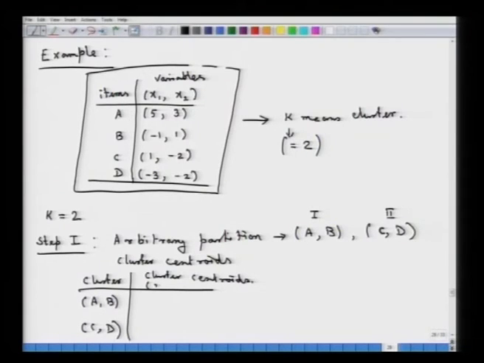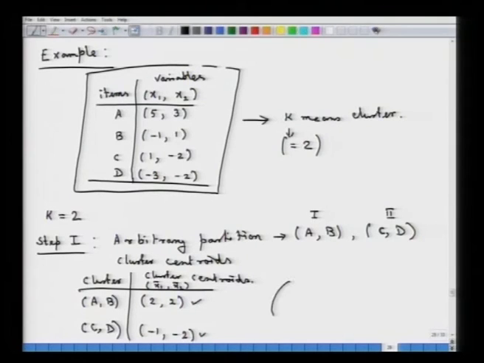The cluster centroid is nothing but (x1 bar, x2 bar), where x1 bar is the mean of the first component of the two elements belonging to the first cluster, that is cases A and B. So, the centroid of cluster AB would have the mean of these two as the first coordinate and the mean of these two as the second coordinate, and hence both of them are 2 in this particular case. Similarly, for the cluster having elements CD, we look at what these quantities are. It turns out that this is -1 and this is -2. So, these are the centroids.